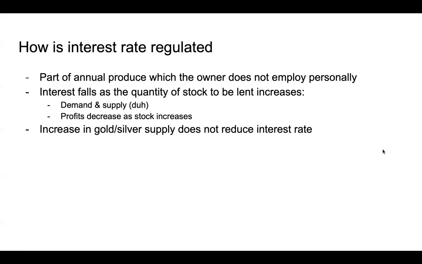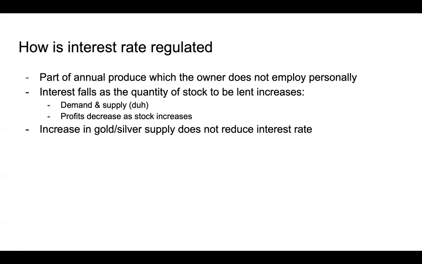And I think the reason why he pointed this out is because the increase in gold and silver supply coincided with the reduction of interest rate in European history, right? After the discovery of the Spanish American mines, gold and silver supplies skyrocketed in Europe and also all over the world.